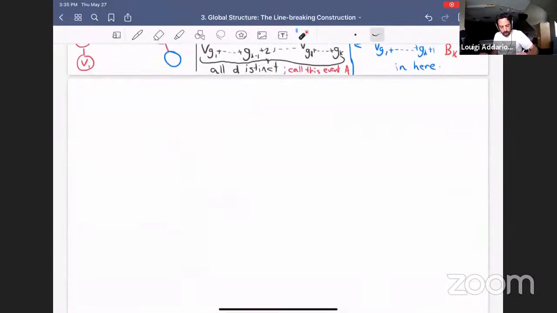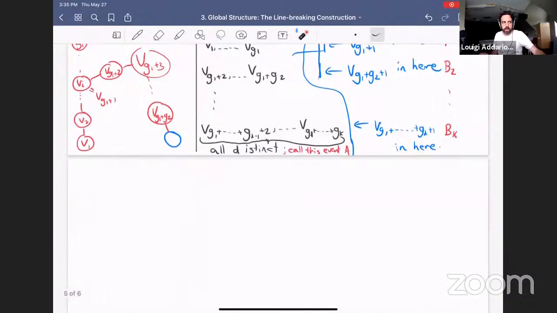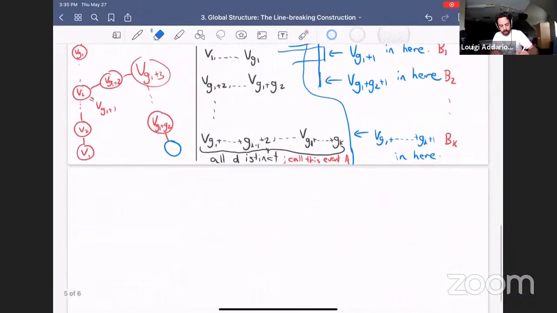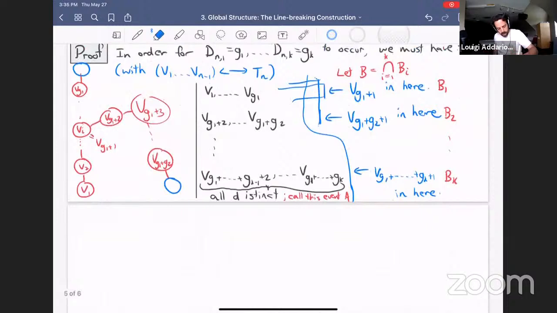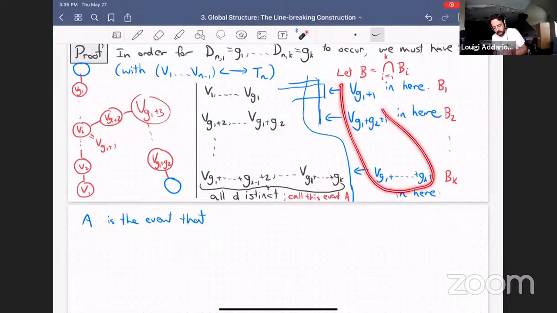Okay, so let's think about that. Neither of them are too bad. So A is the event that, notice how many random variables we've got. This would be a list of all of the random variables from 1 up to this value here, g1 up to g1 plus g2 up to gk, except that we've removed k minus 1 of them, the ones over here that are supposed to be repetitions.